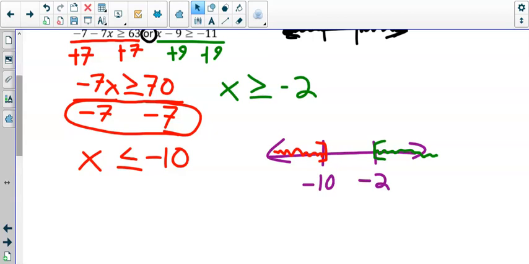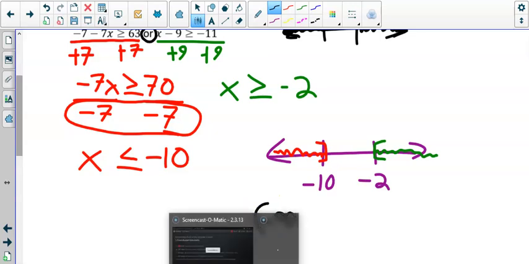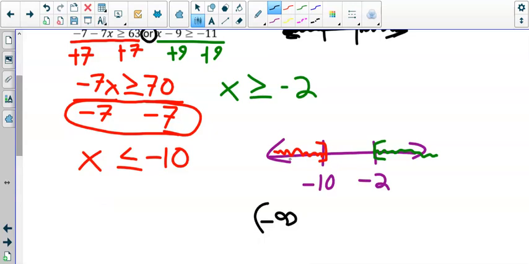So let's talk about how we write this. Again, just start working on your number line from left to right. So we start at this arrow right here. What does this arrow mean for us? Negative infinity. Bracket or parenthesis? Parenthesis, because infinities always get parentheses. And then where do we go? Up to -10, right? Bracket or parenthesis? Any questions about that piece so far?